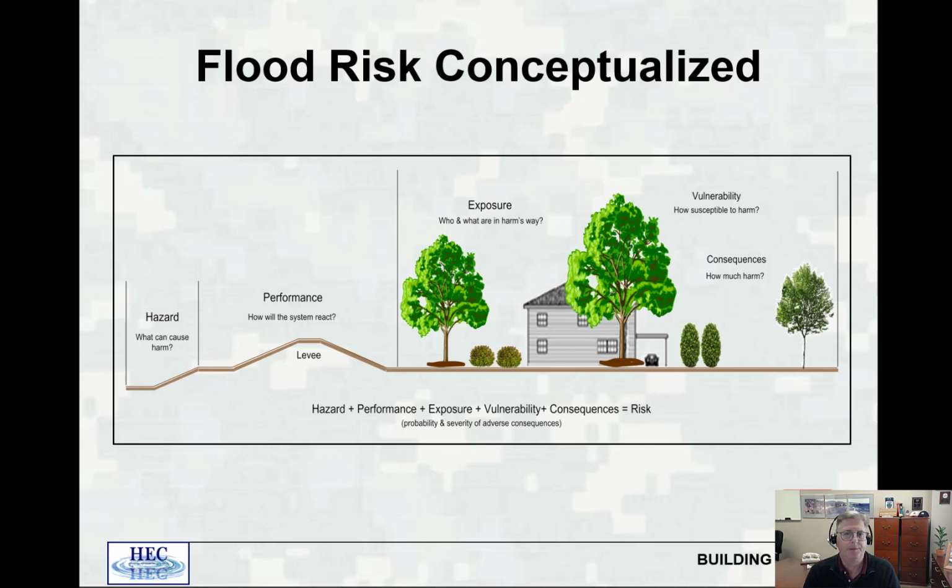Vulnerability: how susceptible is it to harm? Has it been flood proofed? Are there other things that you've done? If it's a farmer's field in agriculture, are the crops fully grown or have the crops just been planted? And then consequences: how much harm would actually occur? Consequences are really a function of all of the items in this particular figure.